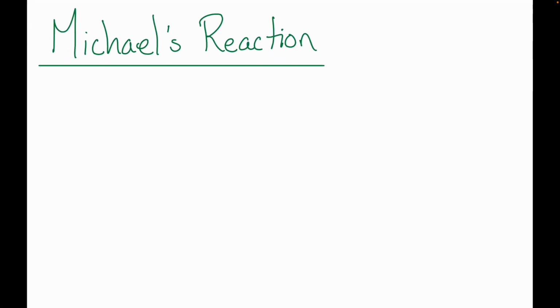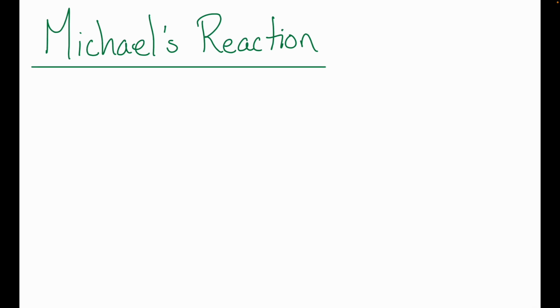All right, so we're going to restart this topic of these Michael reactions, but in a little bit more gory detail. We looked at a specific case last time, so we could get the format down, and now we're going to be more detailed about it.